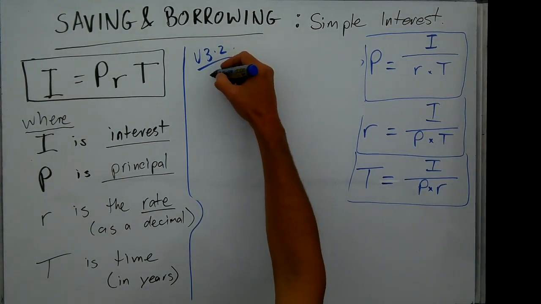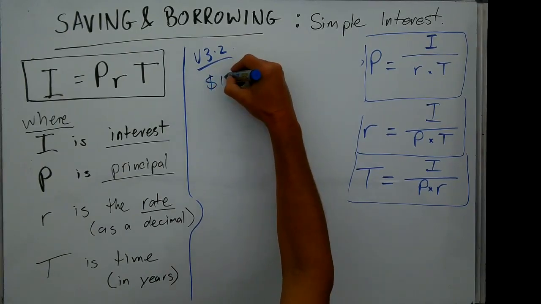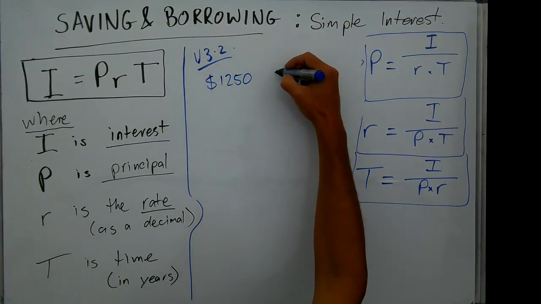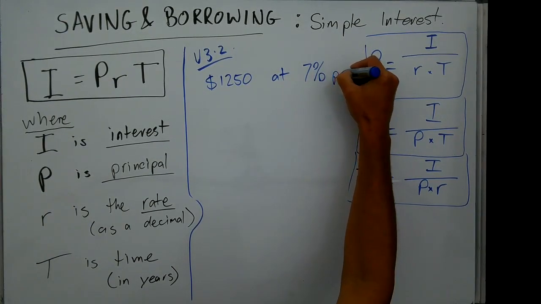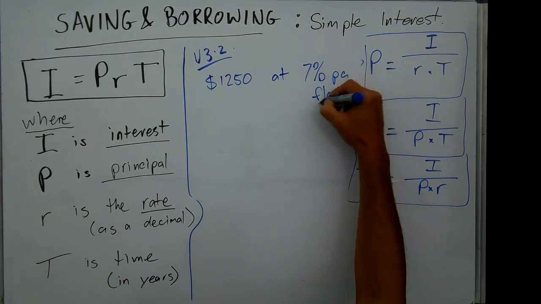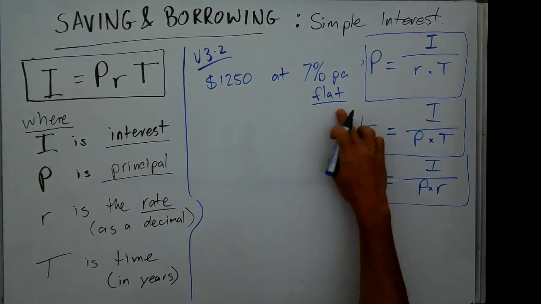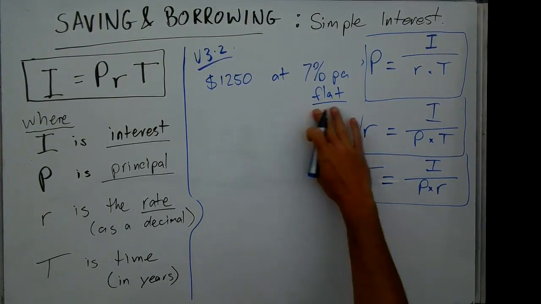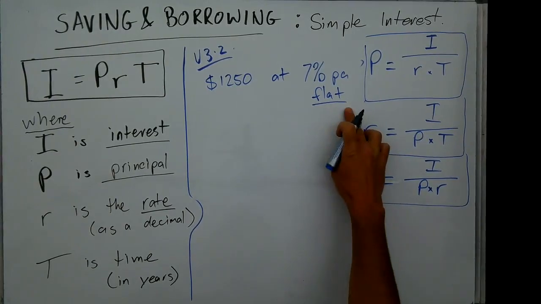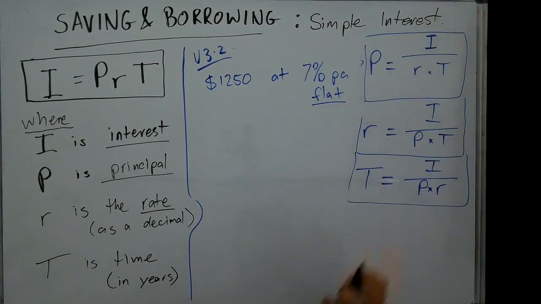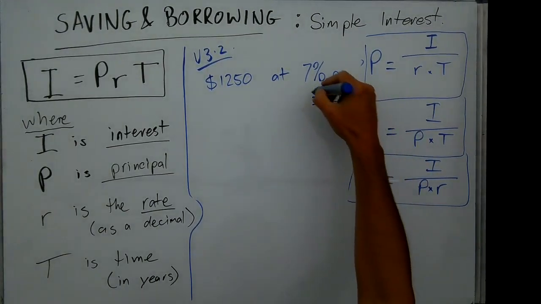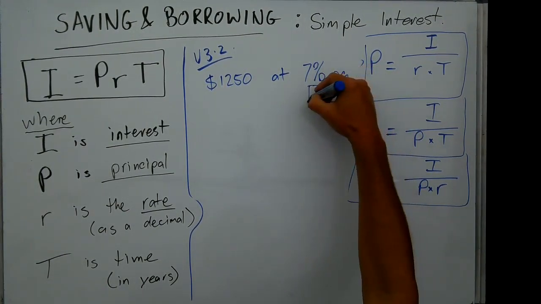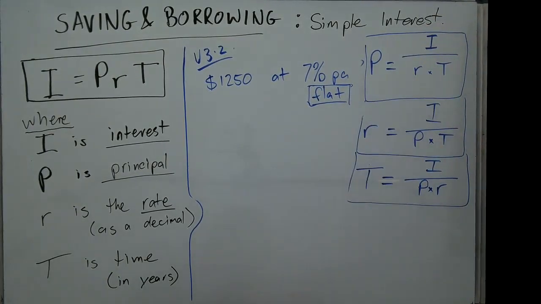So we've got $1,250 at 7% per annum flat. I'm just going to write that out because that is another clue. If you see a percent referred to as a flat rate in a question, it's usually simple interest. We're going to come along to compound interest and people get them mixed up. Look for that as a clue. If it doesn't specifically say simple interest, it'll probably say flat in the question.